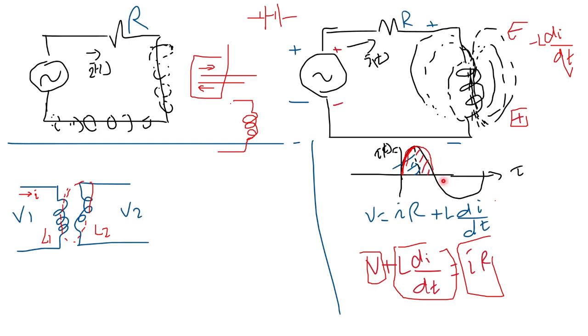For example, if the current is following a sinusoidal wave like the graph we have, when the current is increasing in the first quarter of the wave, the EMF generated on the coil will be such that it opposes this increase in the current in the form of impedance.